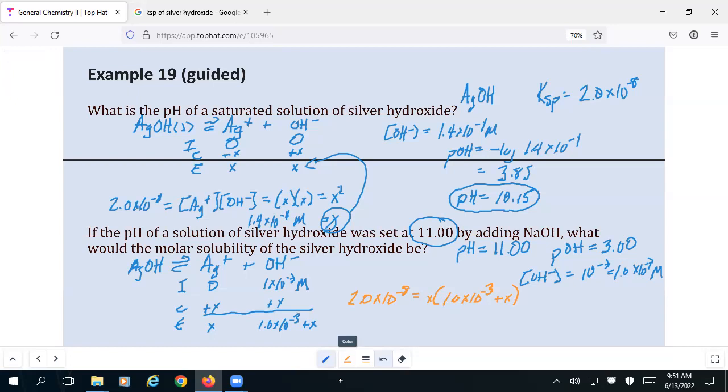Let's try the 5% approximation, see where it takes us. So if we do that, 2 times 10 to the negative eighth divided by 1 times 10 to the negative third gives us 2 times 10 to the negative fifth.